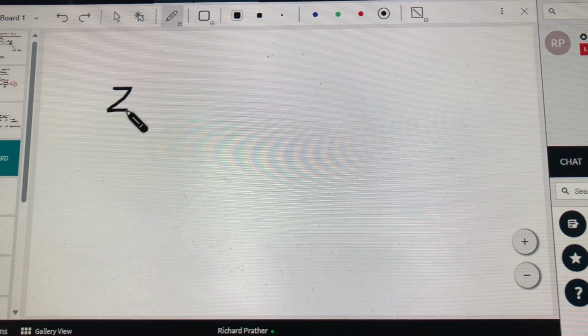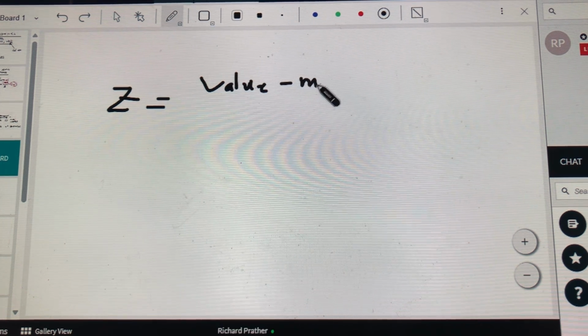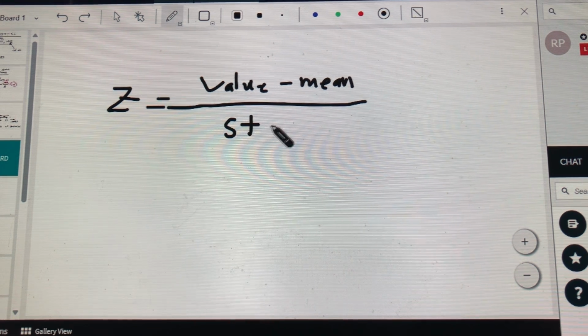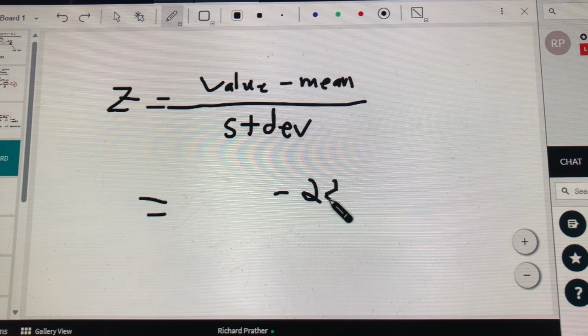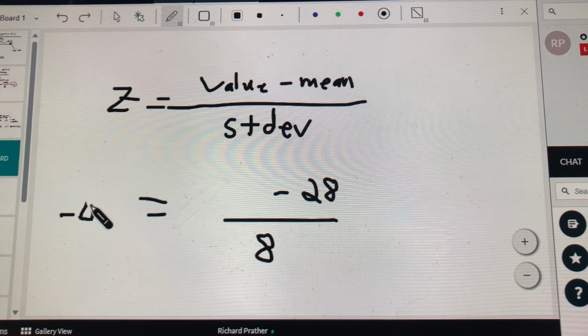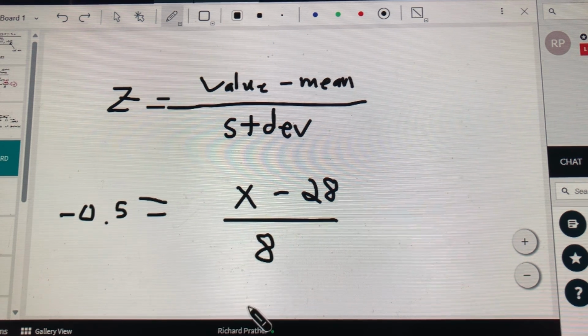So the z-score is the value, or the number that you get in whatever is being counted or measured, minus the mean, divided by the standard deviation. And it's still the same problem, so the mean's still 28 and the standard deviation is still 8. They always have to tell you those two. And then we know the z-score is -0.5, and we don't know the value, so I'll just call that x. Usually the raw scores are called x.